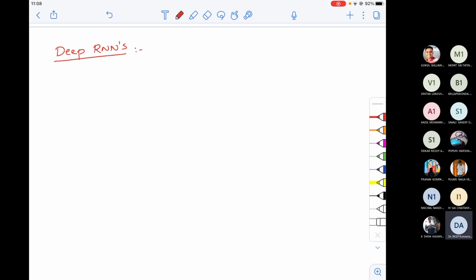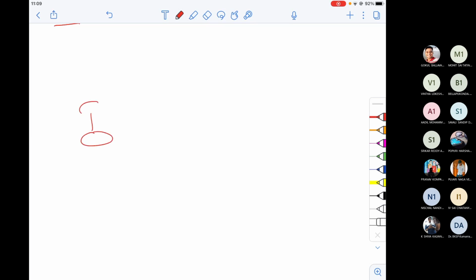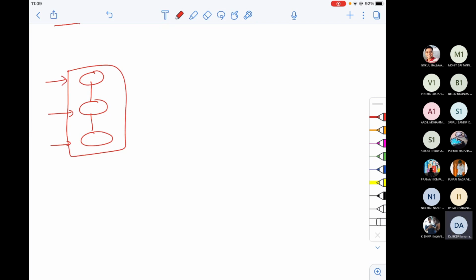Now, if you observe carefully from the beginning, the architecture of a neural network, or the architecture of LSTM to be precise, I'm sketching in one way. For example, this is my input, hidden state, and if I assume that it's parts of speech tagging, I have a parts of speech tag associated with every input. So this is one neural network where I have one input layer, one hidden layer, and one output layer.